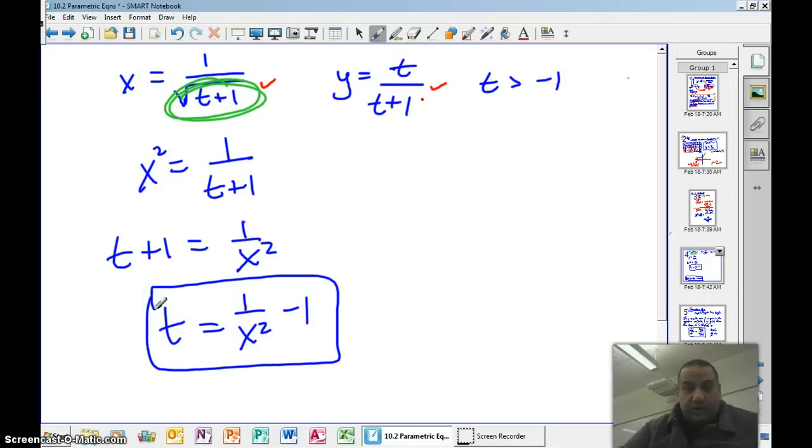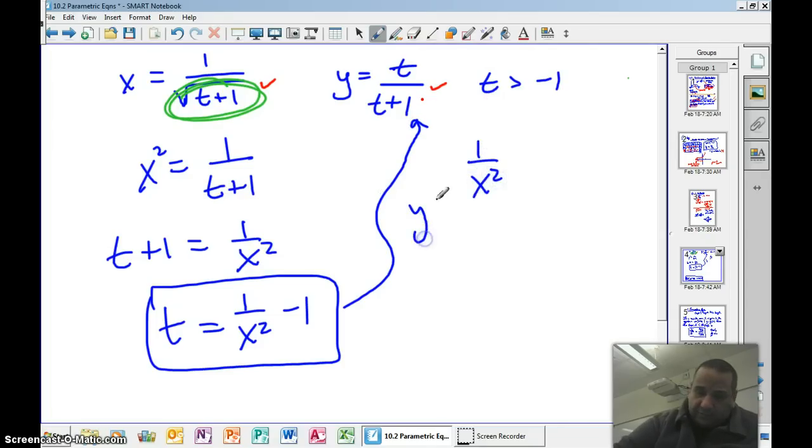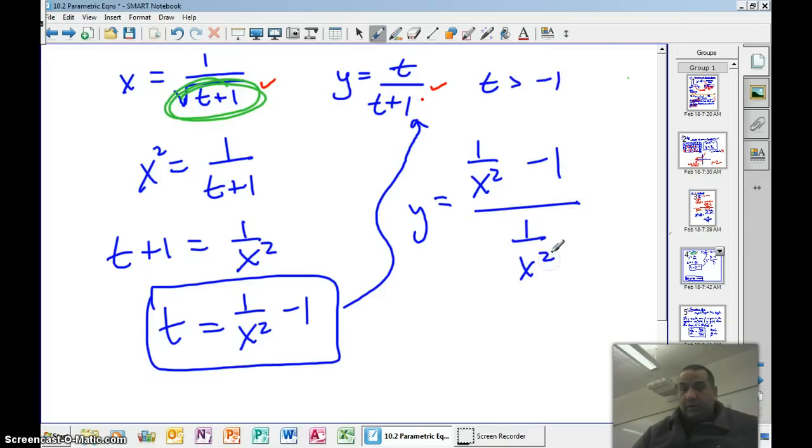Now, what I'm going to do, I'm going to plug that back into here. Might get ugly, but we can do algebra with it. We're going to say, all right, y equals 1 over x squared minus 1, all over 1 over x squared. The minus 1 and plus 1 will go out. Well, we can make this look nice. We can butterfly and put this over 1, get common denominators.